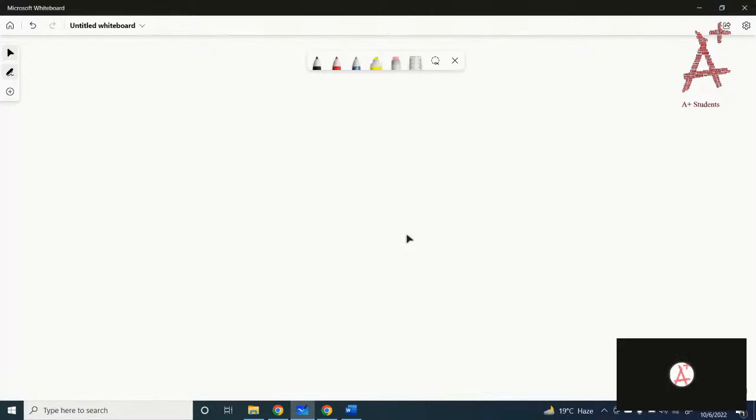So the diagram below shows a nearly completed construction of the bisection of angle A. Complete the construction.